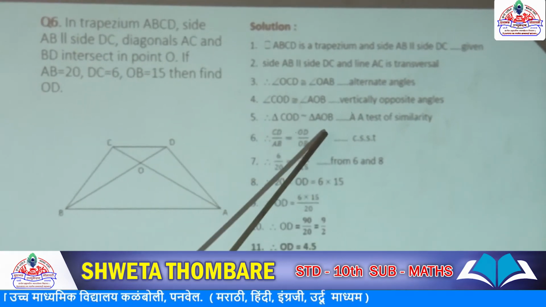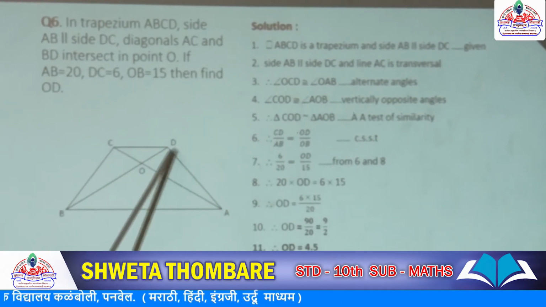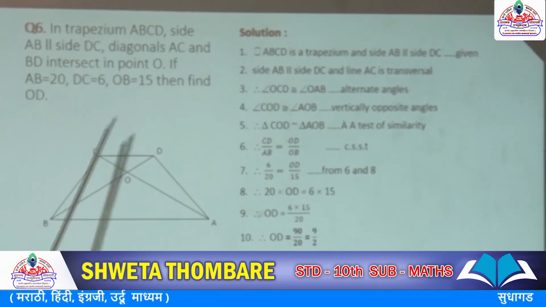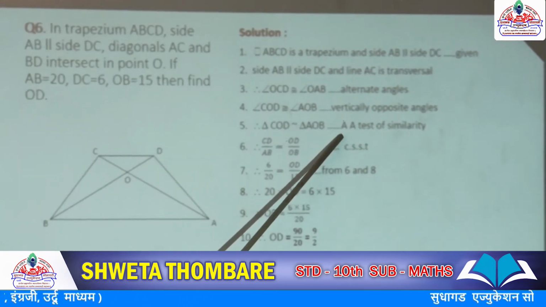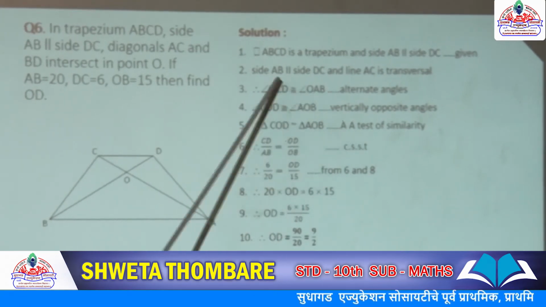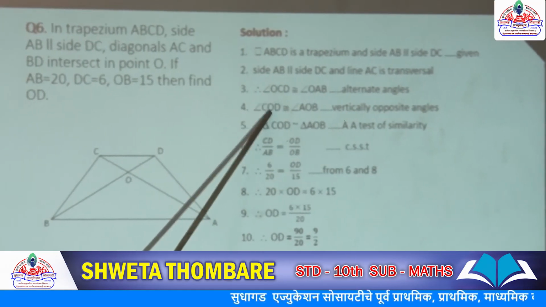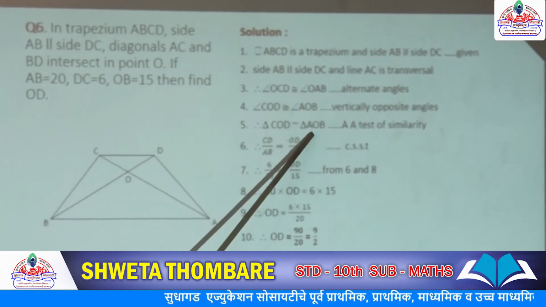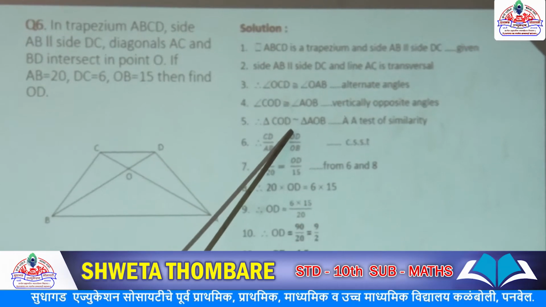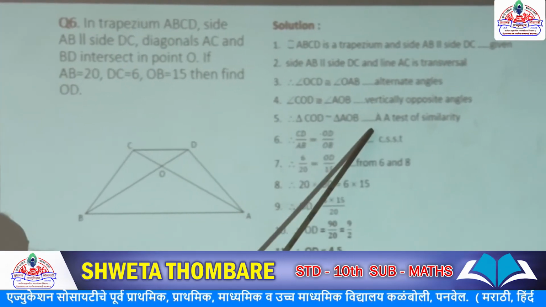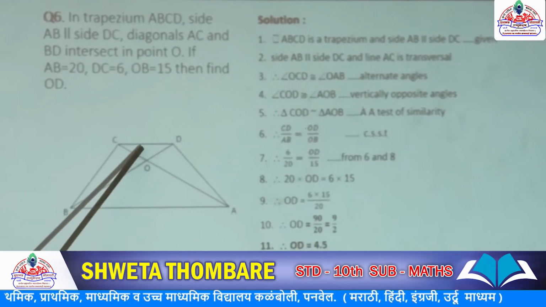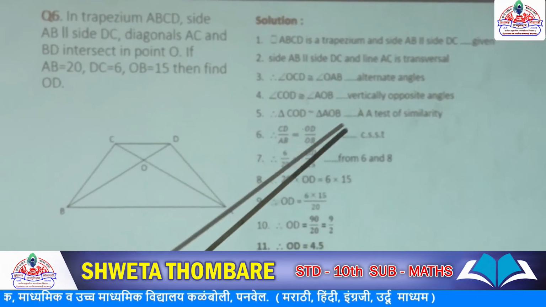Therefore we can say triangle COD is similar to triangle AOB by the AA test of similarity.